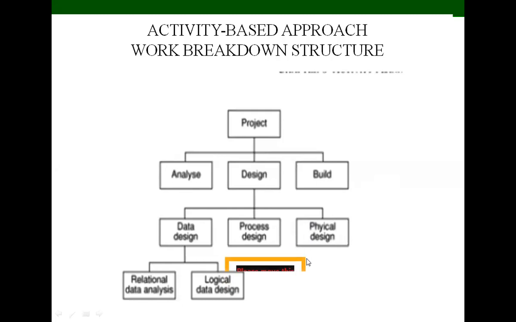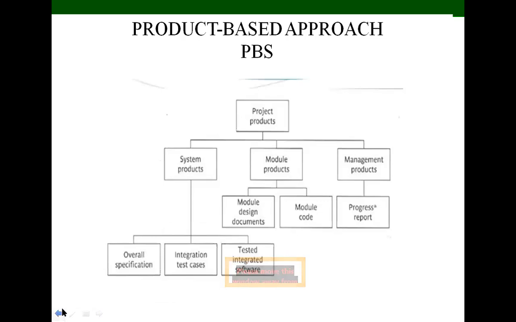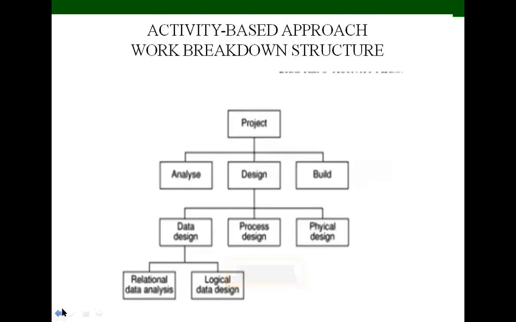Also, too shallow a structure will provide insufficient details. A branch should be broken down at a level where each leaf is assigned to an individual in the team. So that is about WBS.